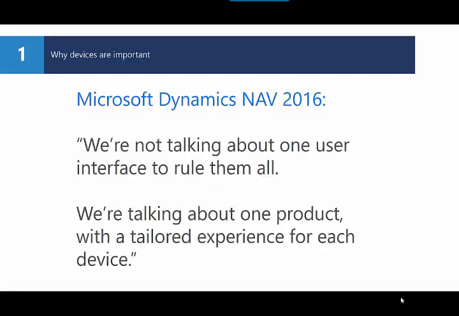Microsoft Dynamics NAV 2016 fully supports this, and because users have different needs based on their location and used device, Dynamics NAV 2016 has not just one interface that is squeezed into every device. It's just one product, but it has a tailored experience for each device.